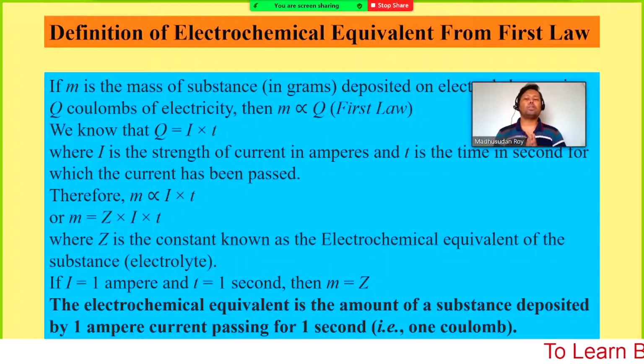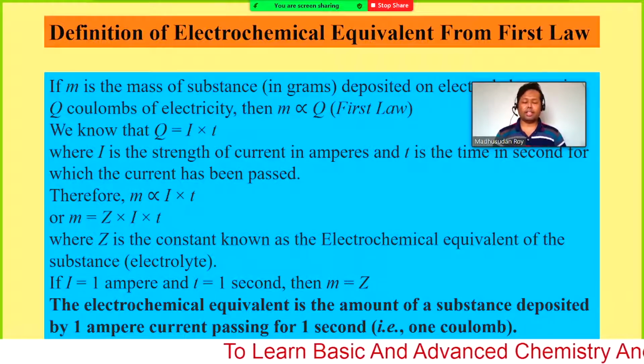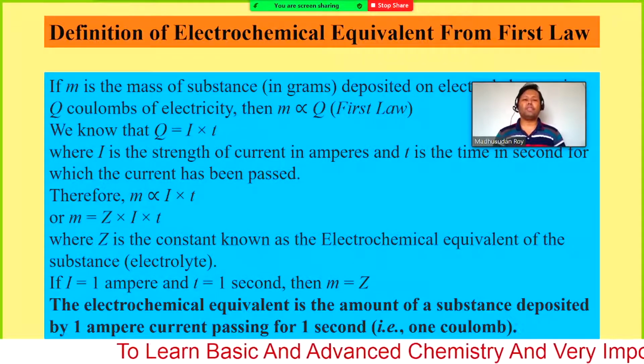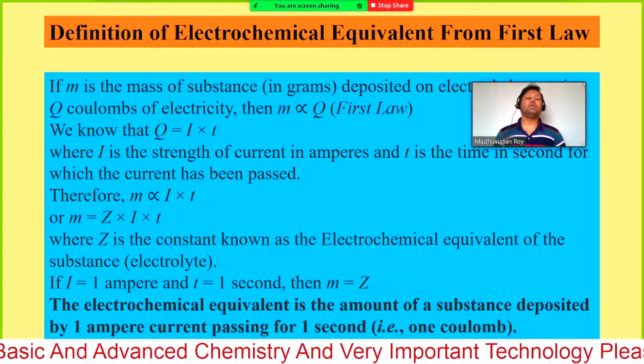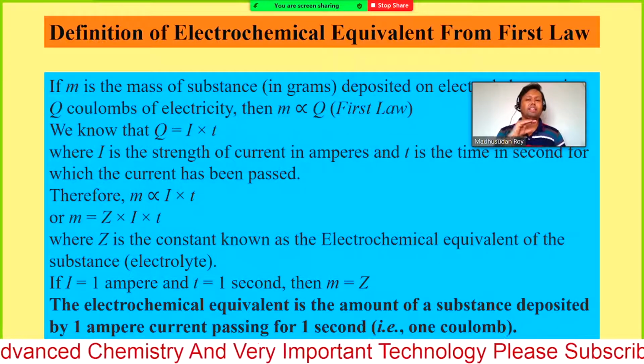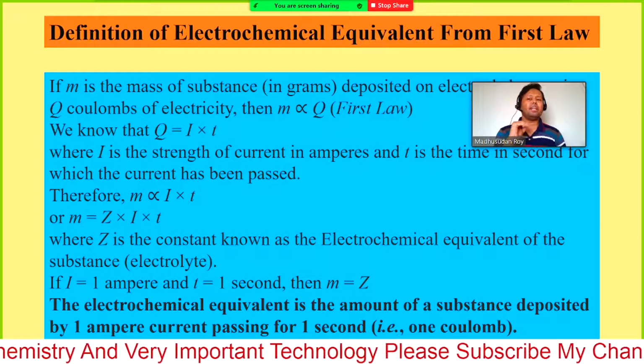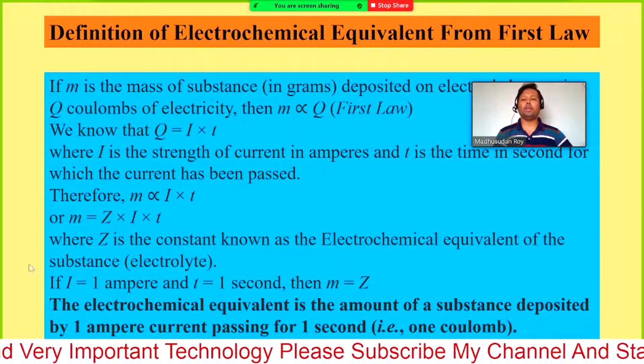So we consider that the valency of that element. Similarly, if we want to compare the capacity of different metal ions, we need to have some standard. We have set that standard this way.